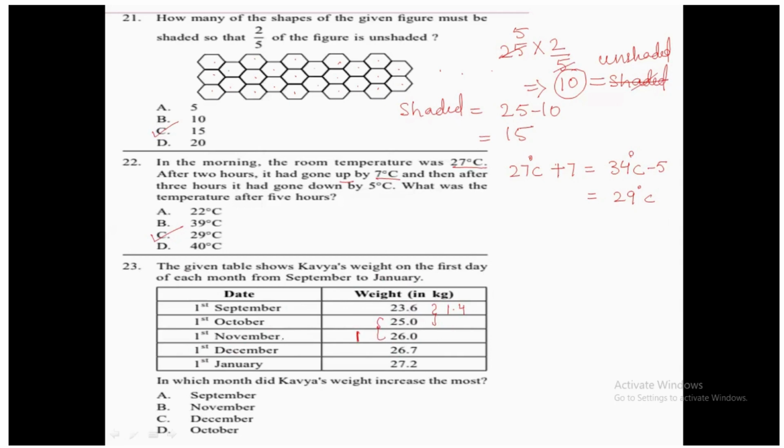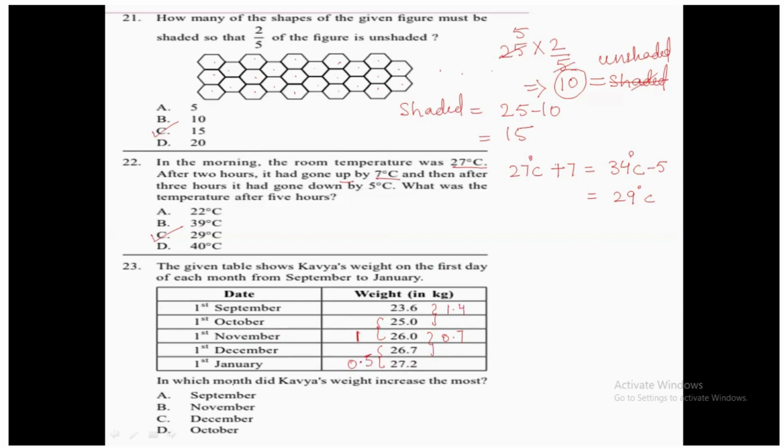On 1st November, her weight is 26, and on 1st December it is 26.7, so it has increased by 0.7 kg only. On 1st January, her weight is 27.2, so subtracting 26.7 from 27.2, I get 0.5.